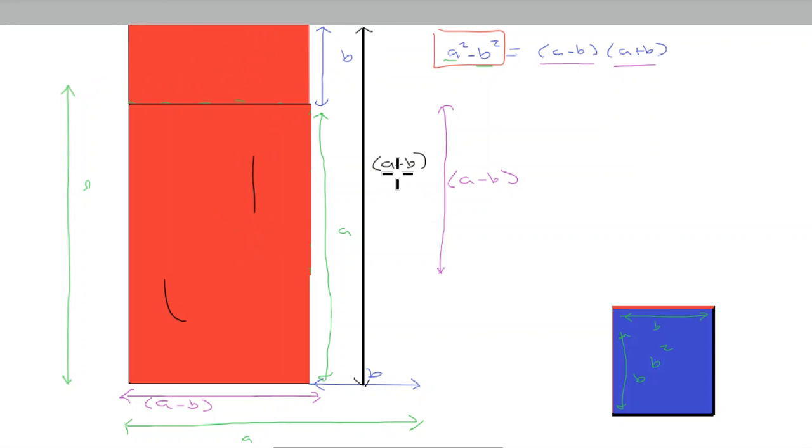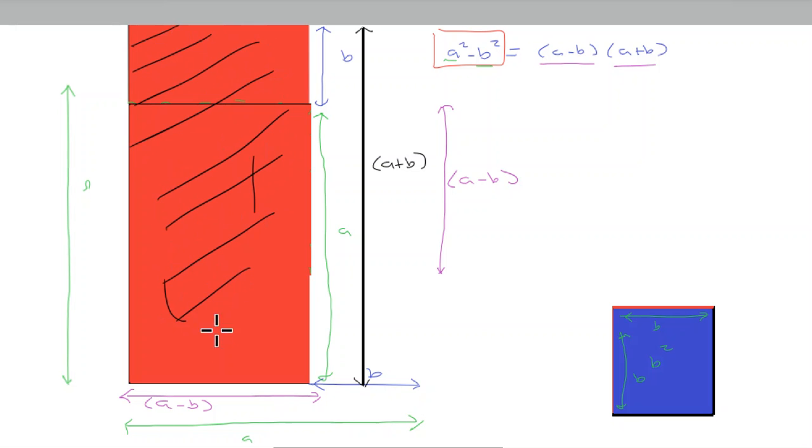This is the area of the rectangle that's formed when you take the two pieces and add them together. And that's where this comes from.